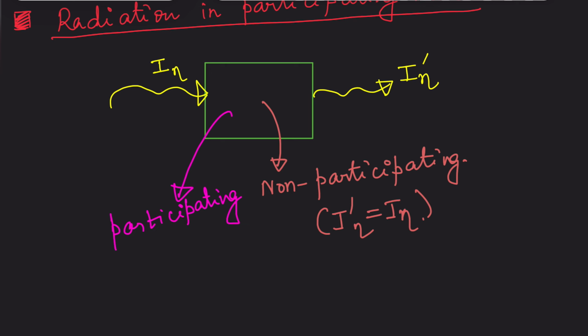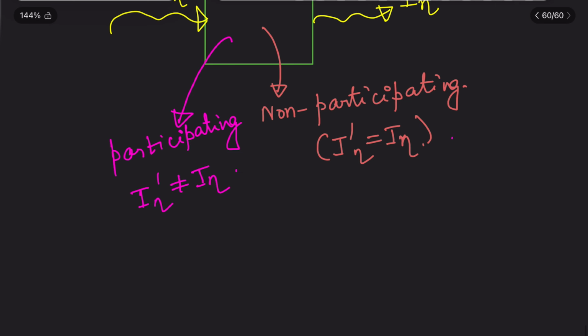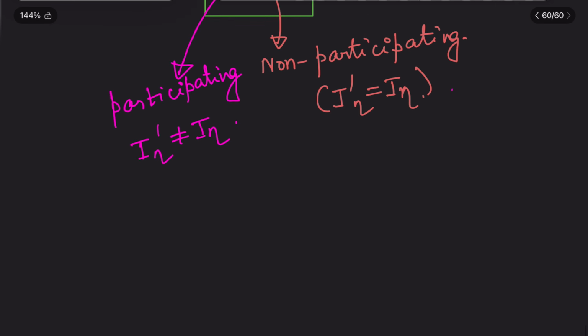So your speed has been decreased and also increased throughout the journey, and that is why this outgoing speed s dash will either be less or be greater than s. We cannot say which. Because through the journey, in the path, you have decreased your speed, also you have increased your speed. So in the participating media, the funda is that my I lambda dash is not equal to I. So this is the basic difference between a participating and a non-participating media.